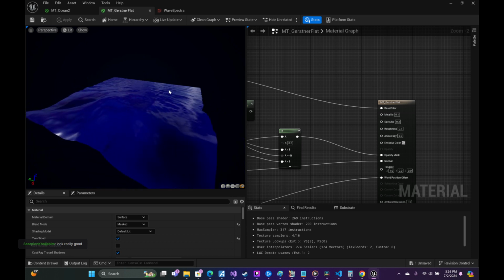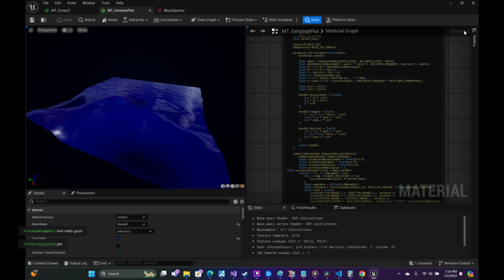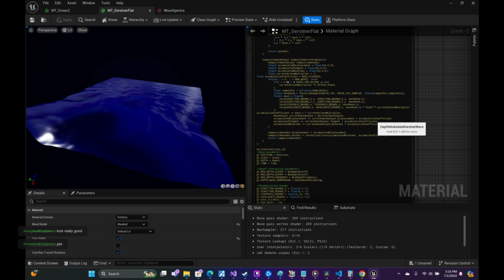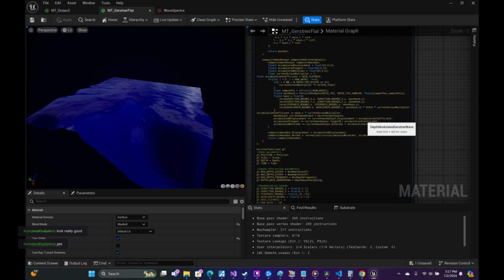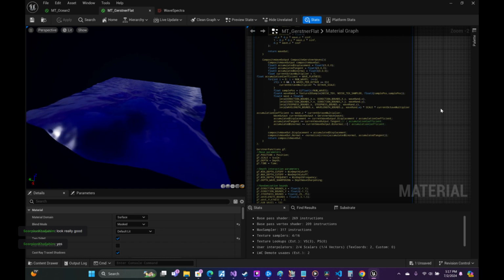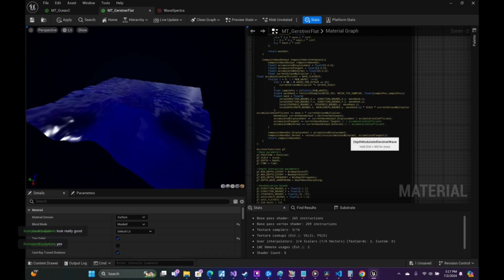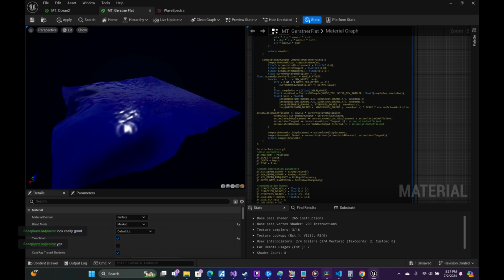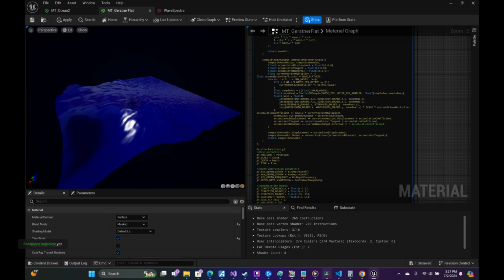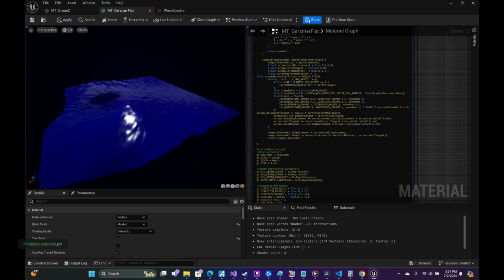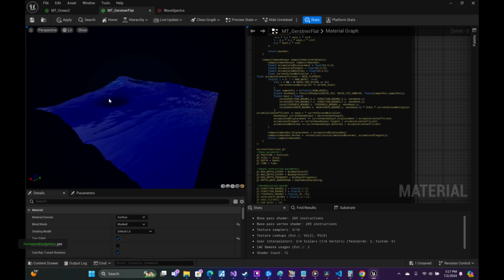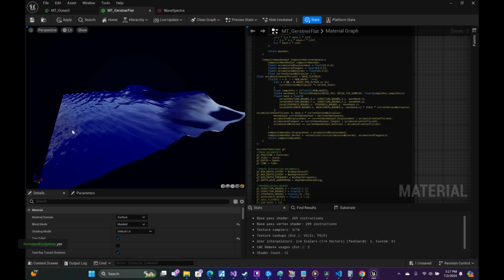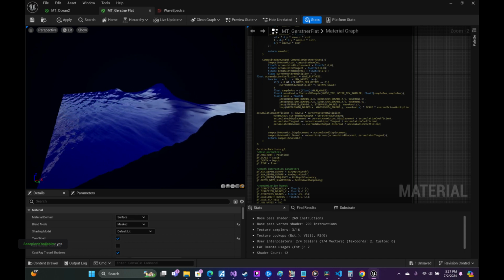I'm probably not scaling the normals correctly, actually. Let me see if I even need this. Hang on. Yeah, I think we do. I think it would also look better in an actual scene with more proper lighting and such. But yeah, there's a lot to consider.